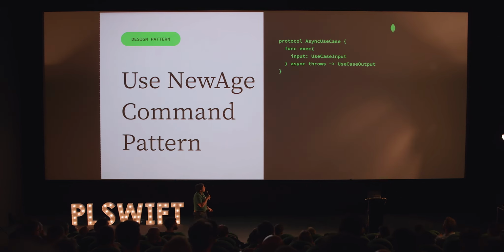Now, we can take advantage of this in order to define our command pattern, and we're going to define an asynchronous use case as something that implements exec, takes the input enum, and returns some case of the output enum.